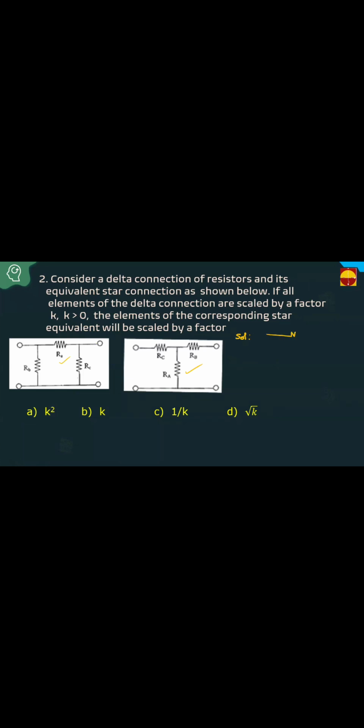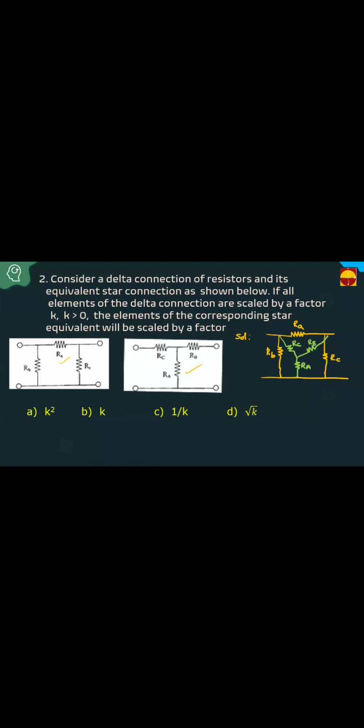This is the delta connection: this is Ra, this is Rb, and this is Rc, small letters. And this is the star connection, drawn like this.